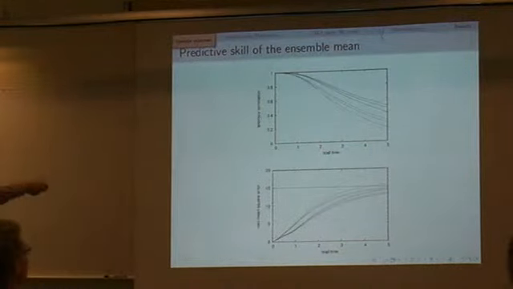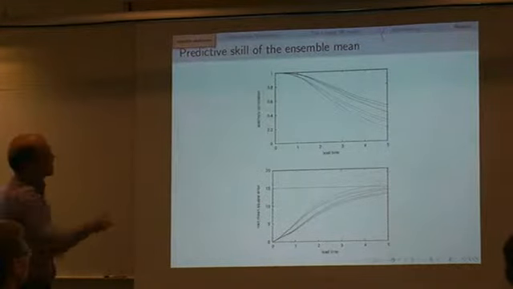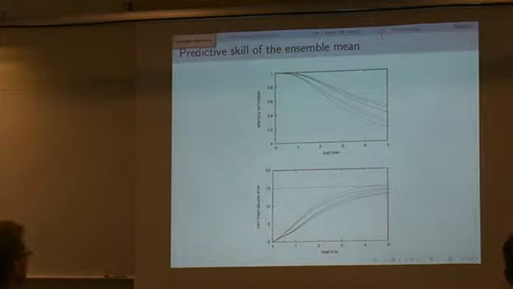These 3 solid lines are the cluster-weighted closure, and they refer to different ensemble sizes. I think it's 5, 10, and 50. Then the dashed lines are the AR1 closure, the simple stochastic closure, and the dotted line is the deterministic closure. So there the ensemble is just a deterministic best guess forecast.